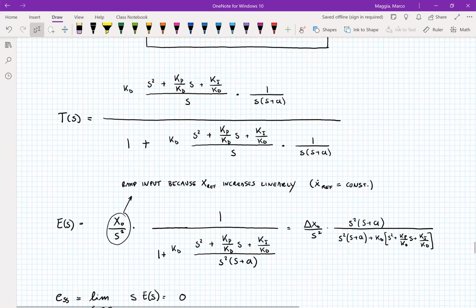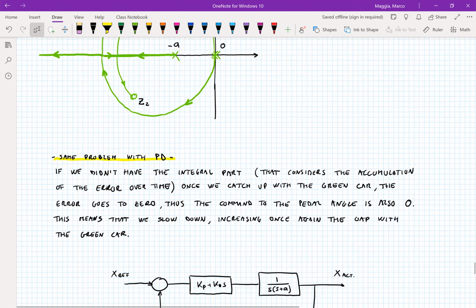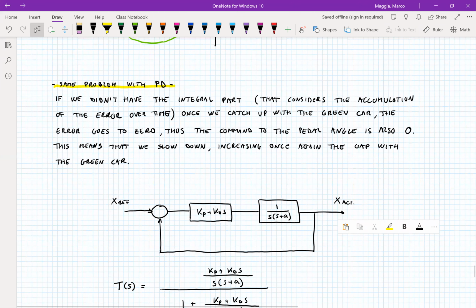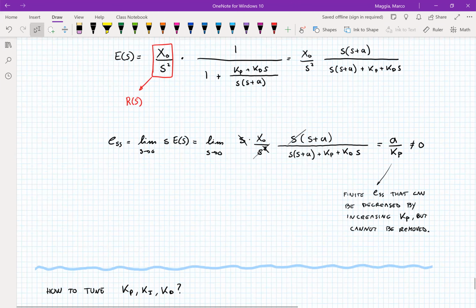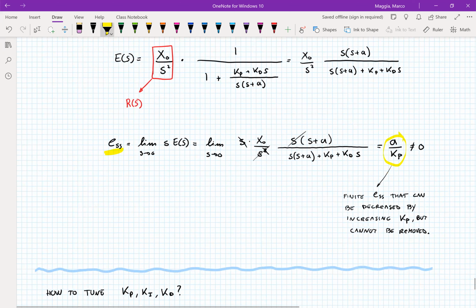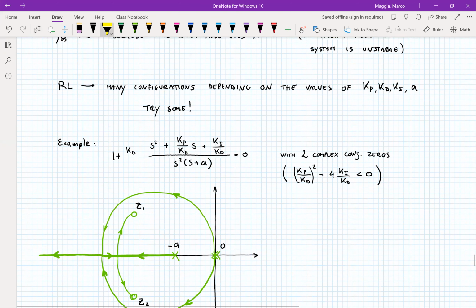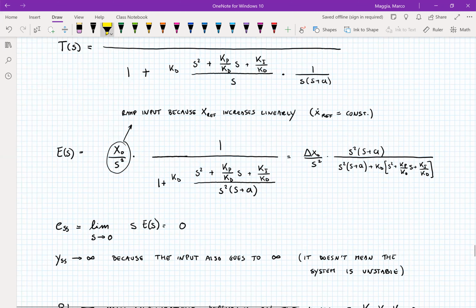Anyway, it's not really important. It is just to show that using just a proportional derivative controller, the steady state error is finite but not equal to zero. It means that you'll always be behind the green car. And in order to drive that error to zero, you would need a full PID controller.